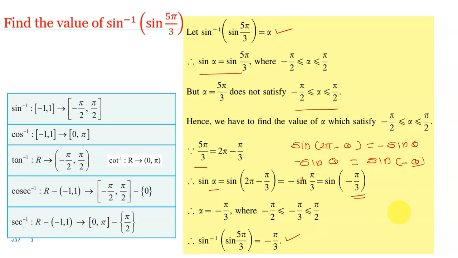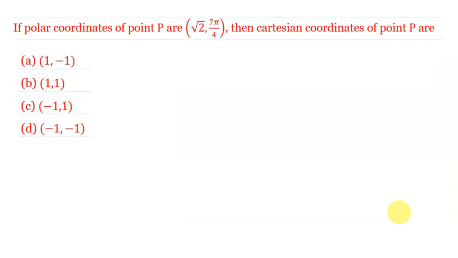Now the next: if the polar coordinates of point P are root 2, 7 pi by 4, then the Cartesian coordinates of P are?